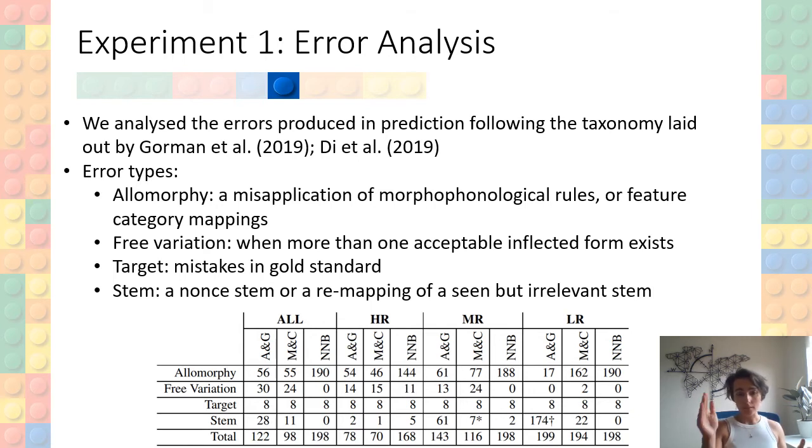So in this daunting table below, you can see that in the target row, each category basically has an 8, and that's just because the test file was the same for all, so you would expect that to be the same. And the last category is the stem category. So basically this comprised of non-stems, so stems that were made up that don't adhere to NEN phonology, or basically remapping of a seen but irrelevant stem.